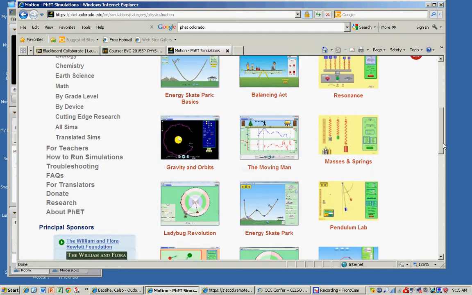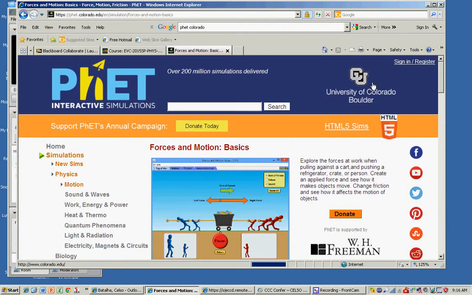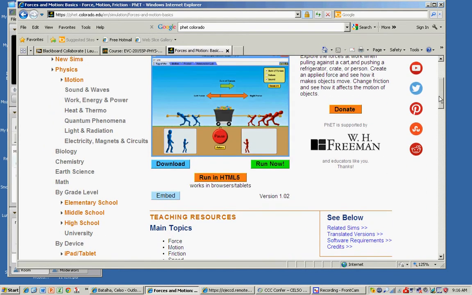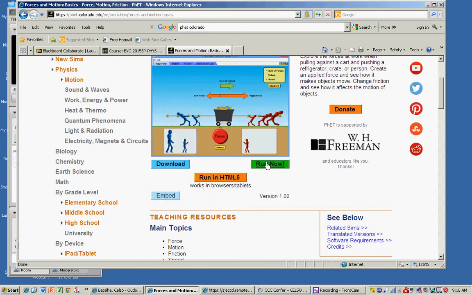We have several options, and what we want is Forces and Motion: Basics. So click on it and then click on Run Now. You can run in HTML. It works for tablets. I have a PC here with me, so I'm going to do that one.